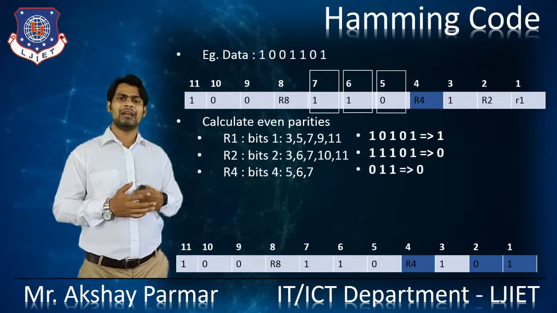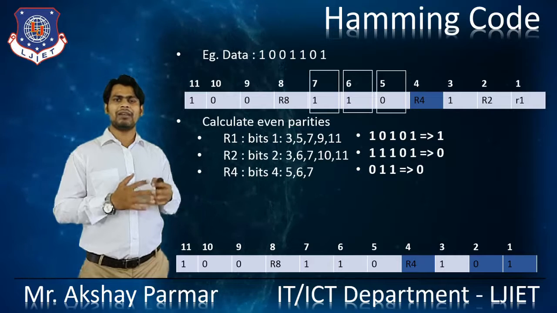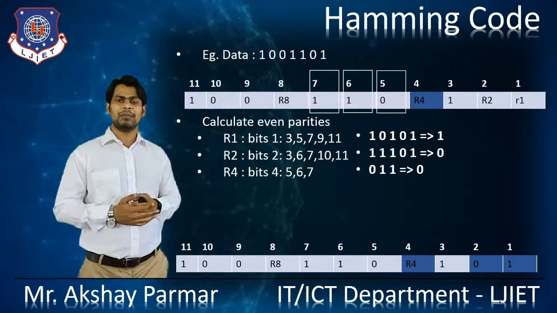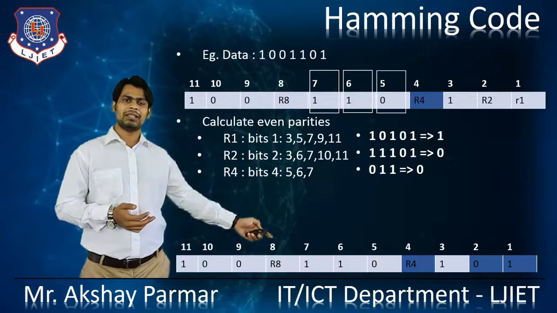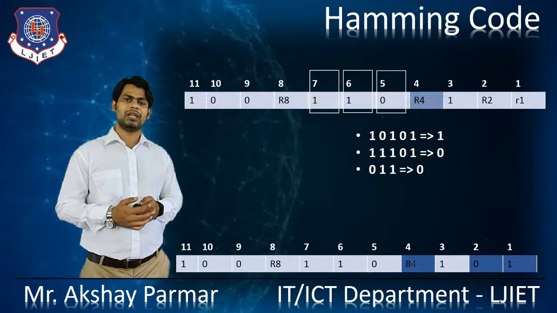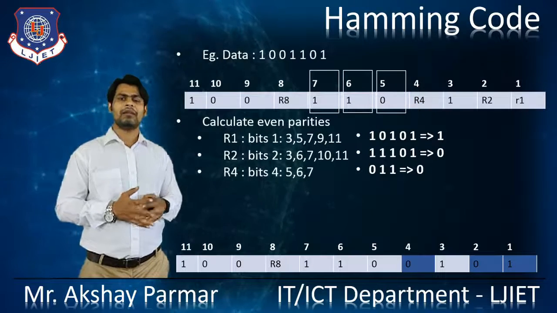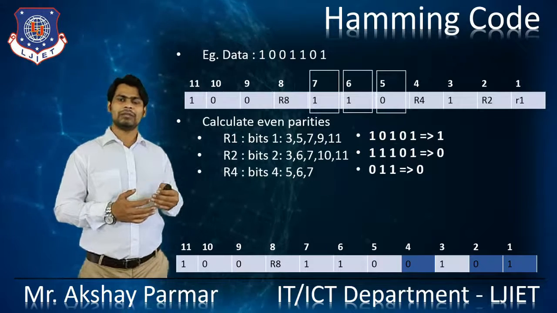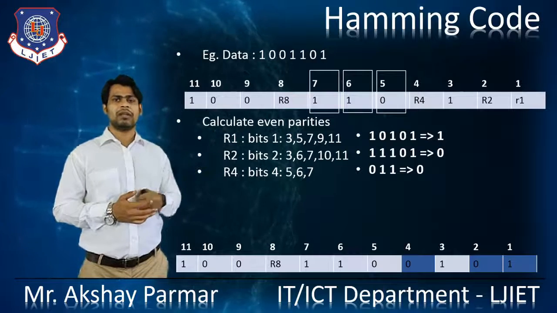Those data bits are 0, 1, 1, which already has an even number of ones in that sequence, right? So we are simply putting 0 at the redundant bit R4. So we are replacing R4 with 0, right? That's how we are putting the value at the redundant bit R4. So R1 is 1, R2 is 0 and R4 is also 0, right?